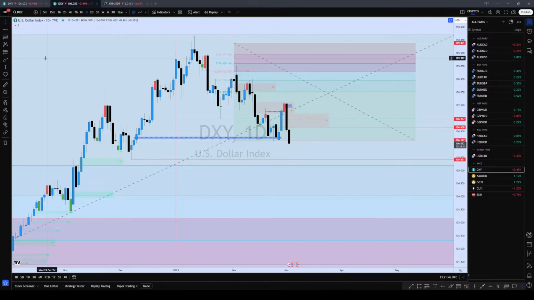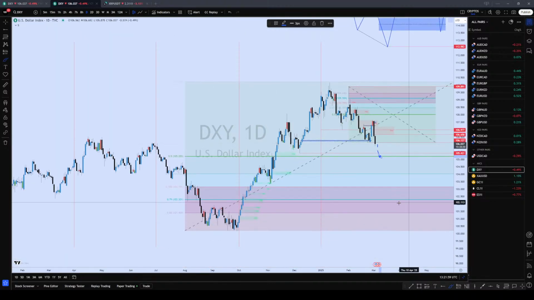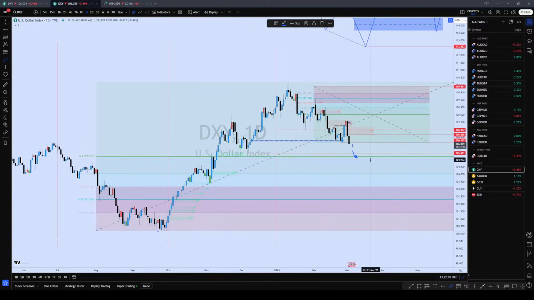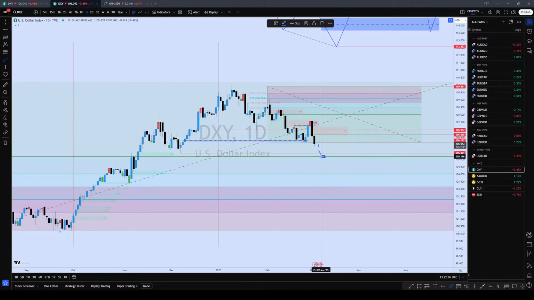So I want to see them take out this low by Thursday or even tomorrow, and then because we've taken out a major low and we hit the 50%, because that is the range, this low to this high, that's the range. This is 50%. Once we hit 50% for NFP, we can anticipate them pulling back up. Okay, we can anticipate them pulling back up, and then we can sell again to continue going lower.